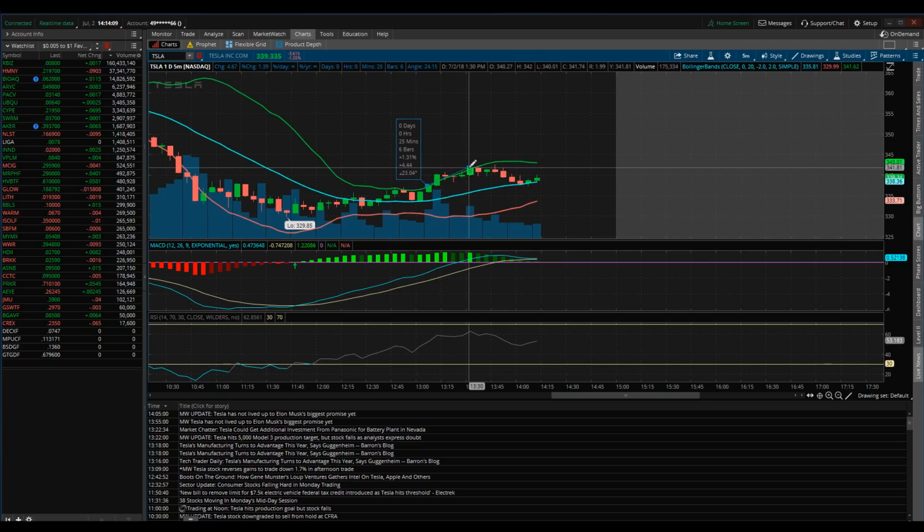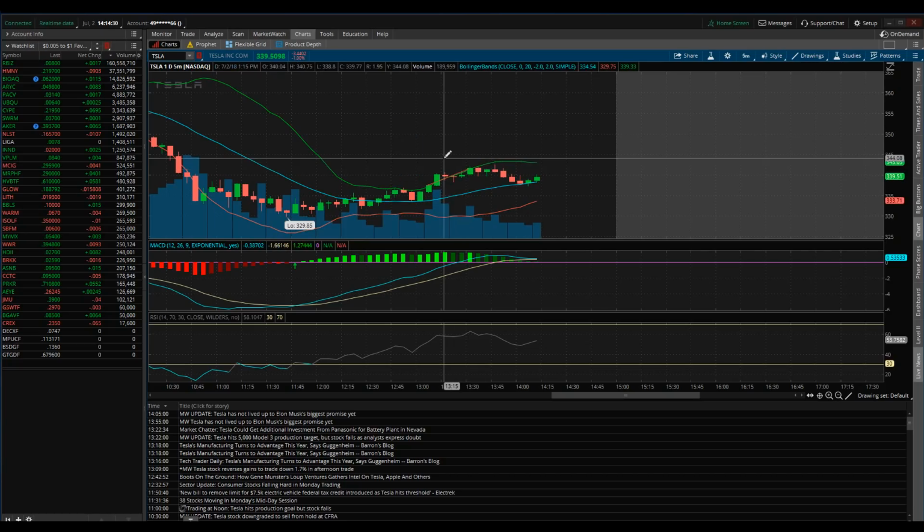So if I would have sold over here, I would have made a little over $4 per share profit. That would have been a little over $400 in 25 minutes just day trading. So that's how I use the Bollinger Bands for day trading.